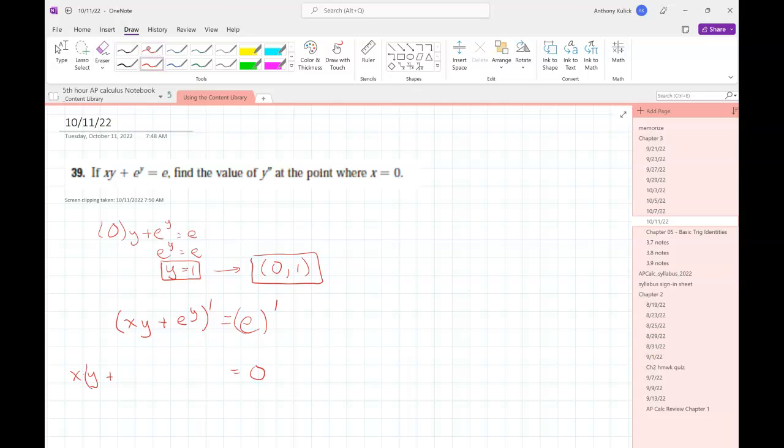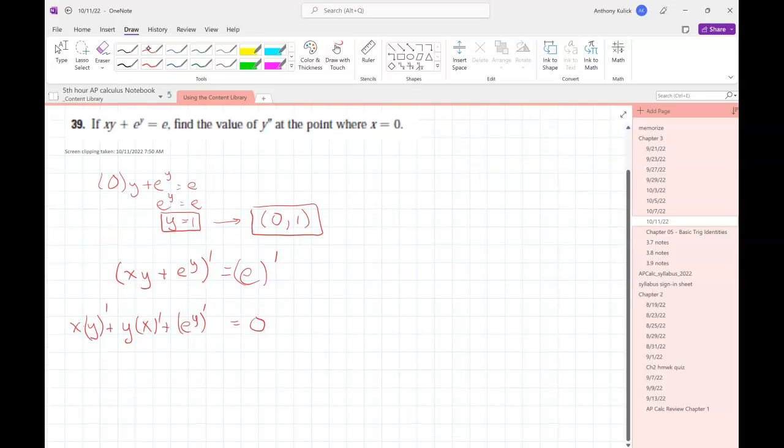Maybe we'll write it this way. And then y times the derivative of x. And then we're going to have the derivative of e to the y. So when I take the derivative of y, I get 1 times dy/dx, plus the derivative of x is just 1.